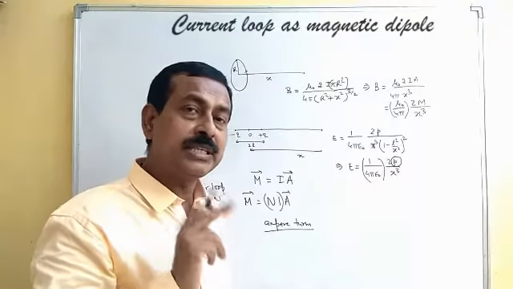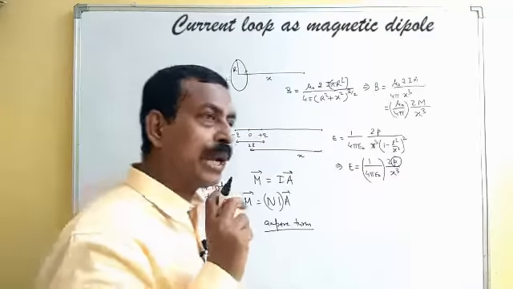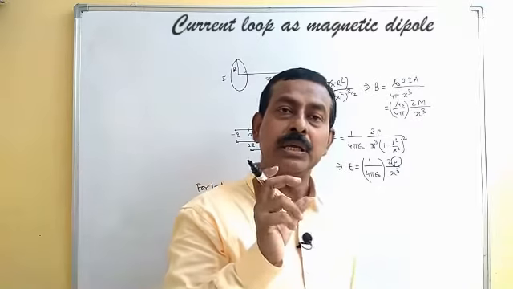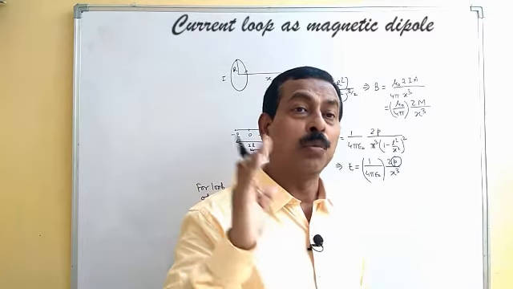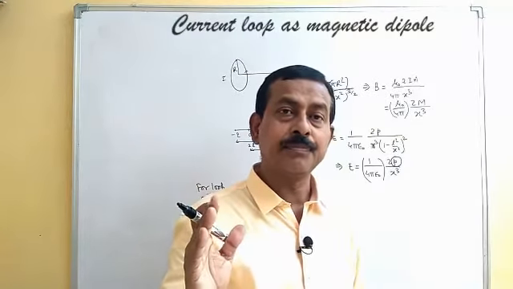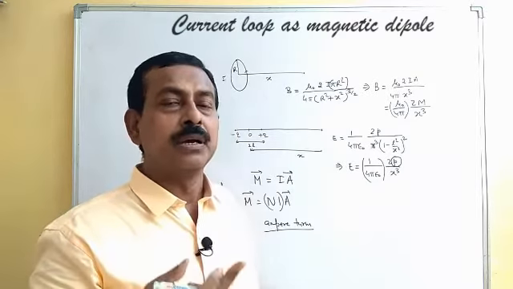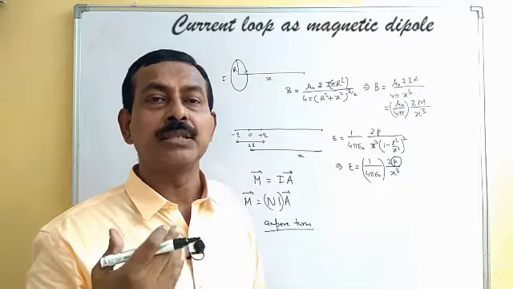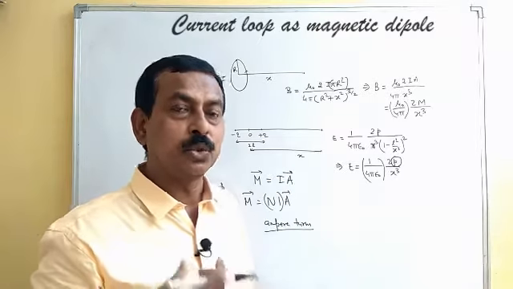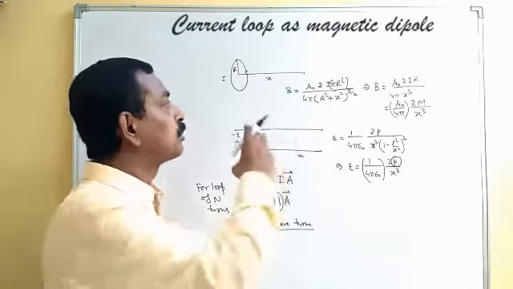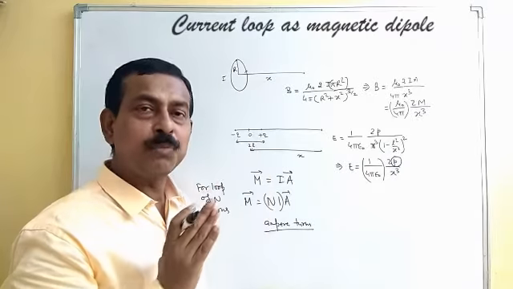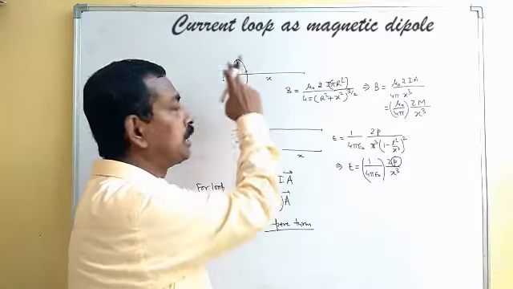So what you can see is that as we have the electric dipole giving electric dipole moment associated there, similarly a current loop will also give a term that will be called the magnetic dipole moment. So we can relate magnetic dipole moment associated with a current loop.